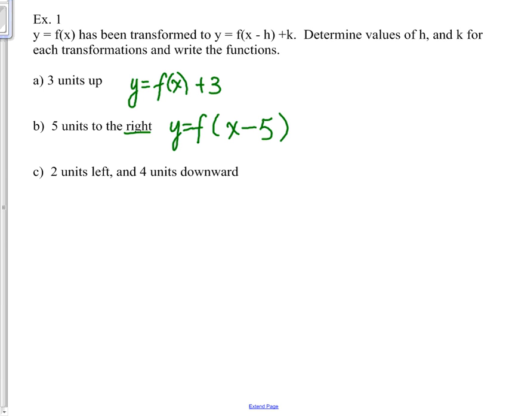We have our horizontal and our vertical, and we want to put them into the equation. So the 2 units to the left is within the function, and the 4 units down is outside. Subtract 4 on the end. If we want 2 units to the left, we are going to have x plus 2 for our change.